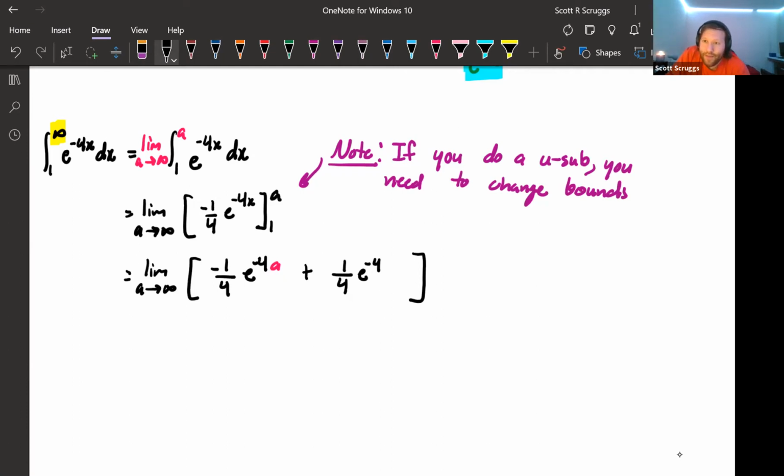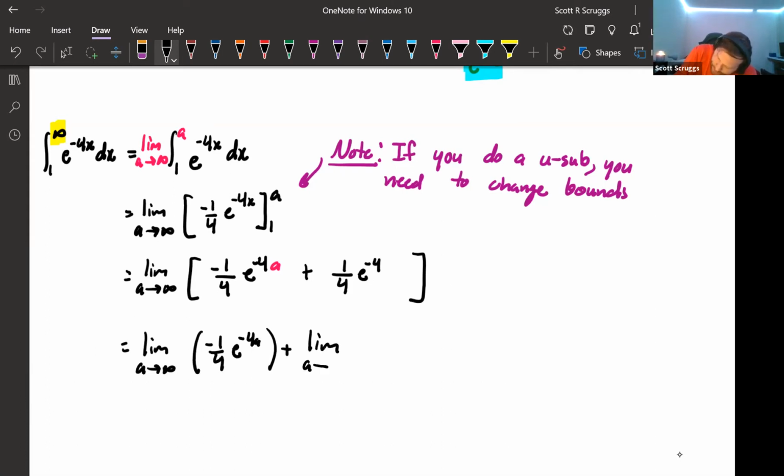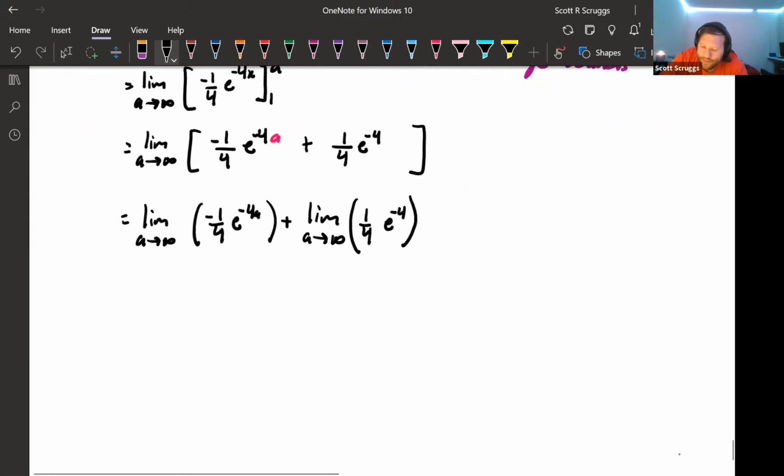One property we have of limits is that the limit of a sum and difference of two things is the exact same as me taking the limit of the first term, limit of the second term, adding and subtracting at the end. So that's what I'll be doing here. And now I evaluate the limits.